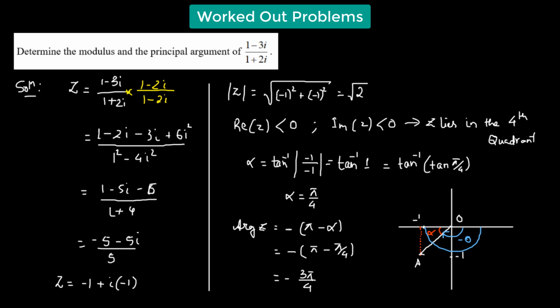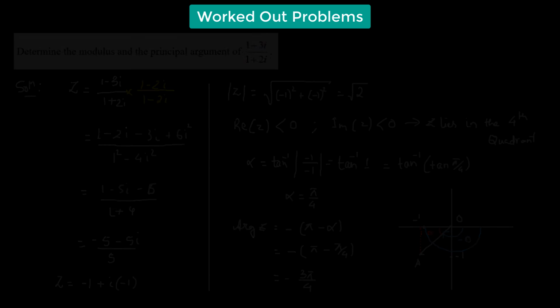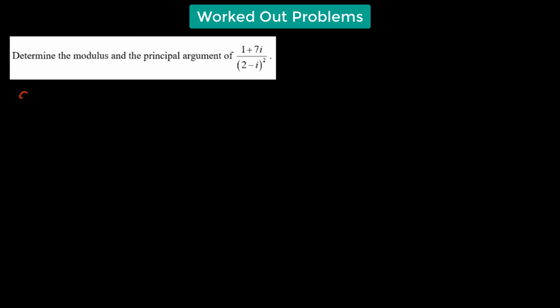Let's move on to the next question. So here in this question, we have the complex number z given by (1 plus 7i) divided by (2 minus i) whole squared. So first we are going to expand our denominator.